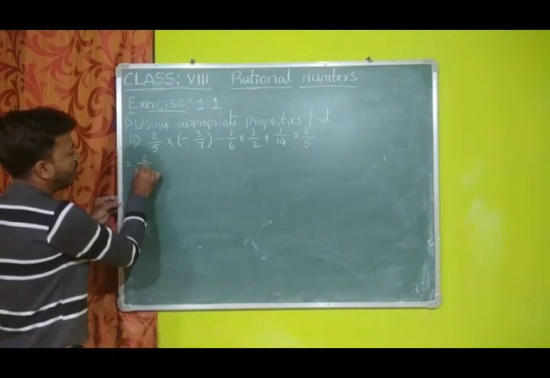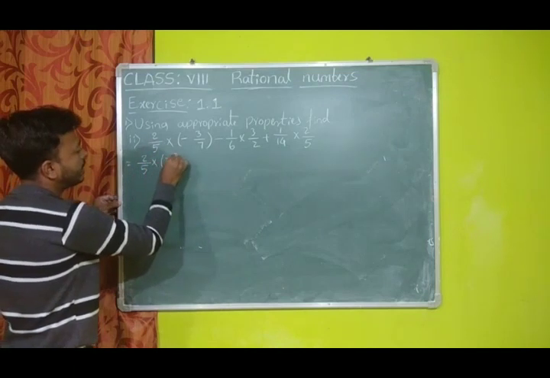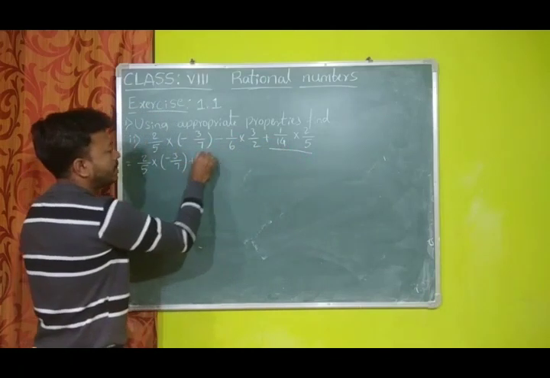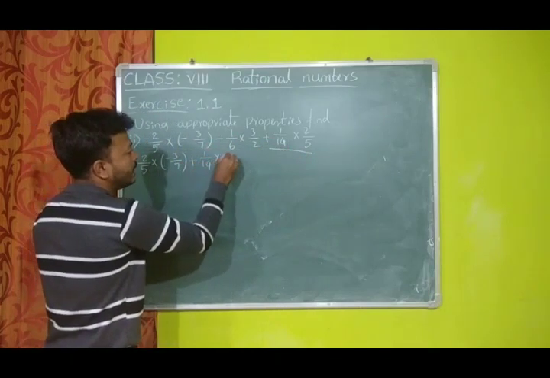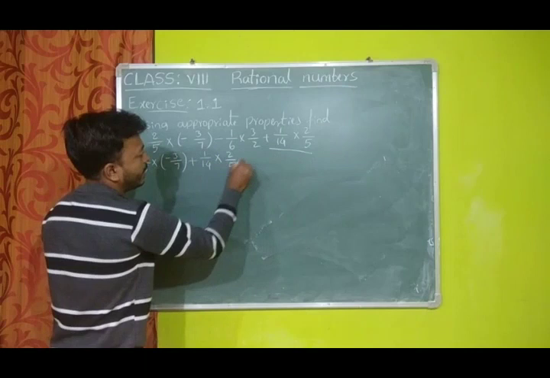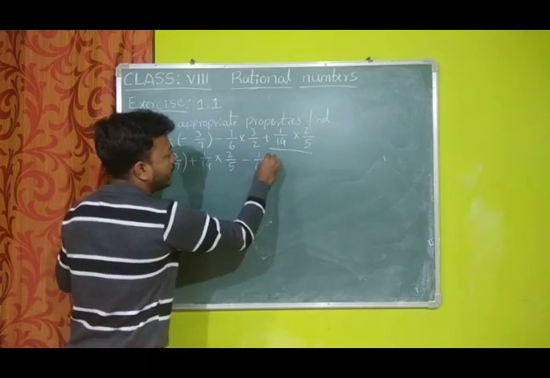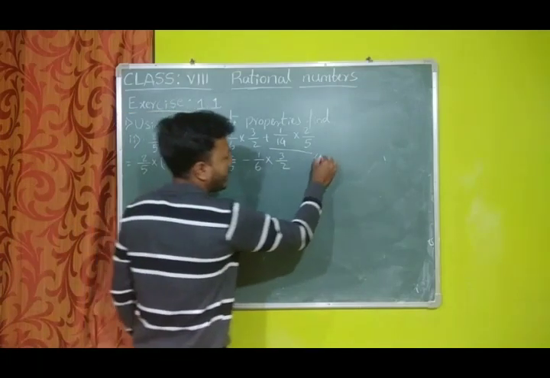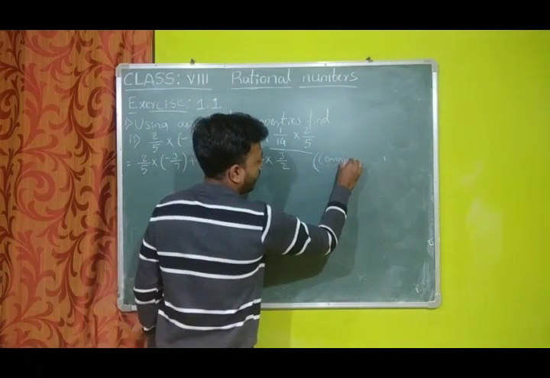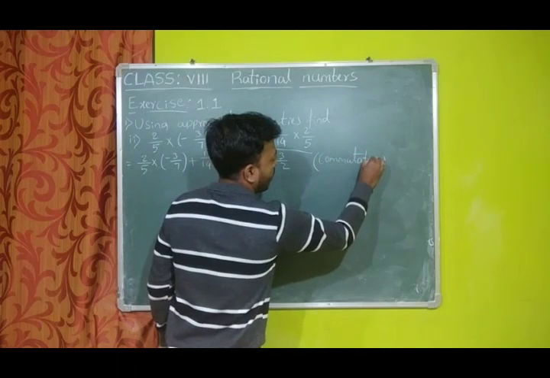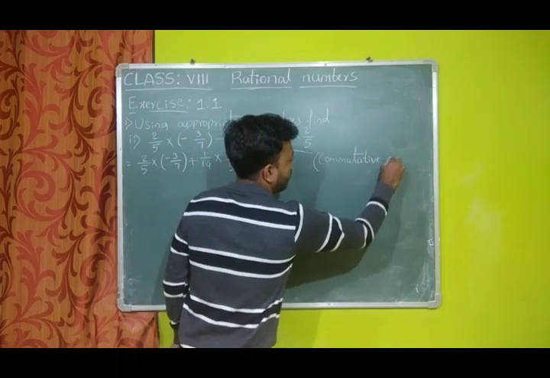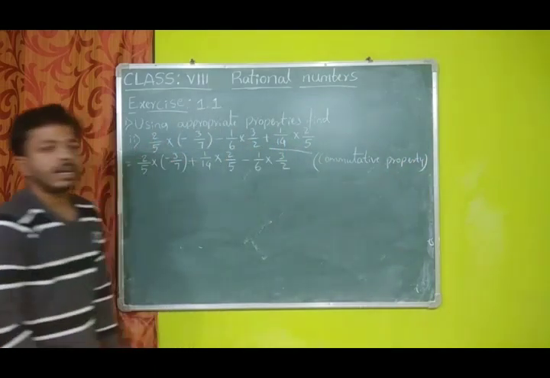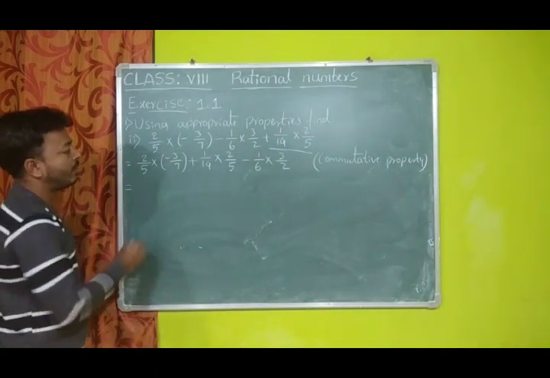2 upon 5 multiplied by minus 3 upon 7. And this one, regroup the terms: plus 1 upon 14 multiplied by 2 upon 5, minus 1 upon 6 multiplied by 3 upon 2. This is which property? Commutative property. Now what is the common here?